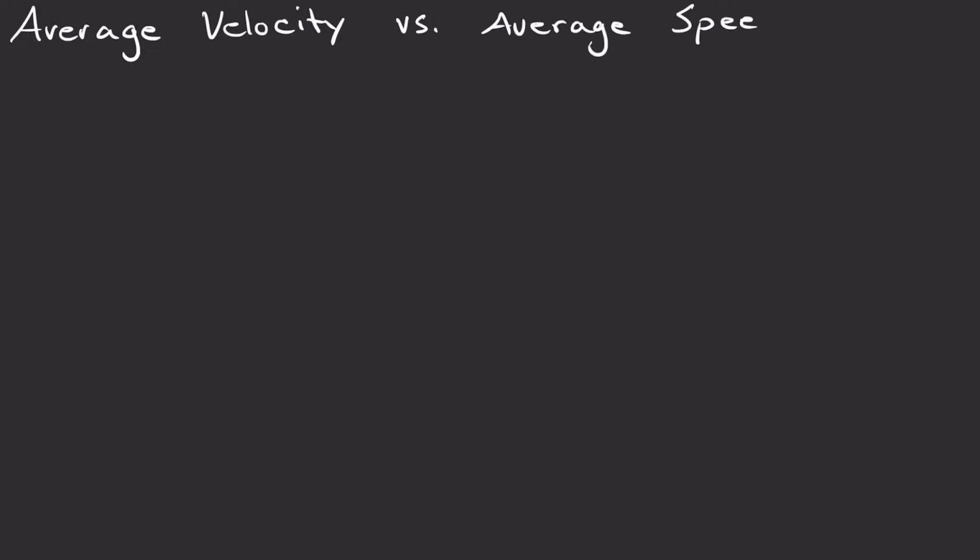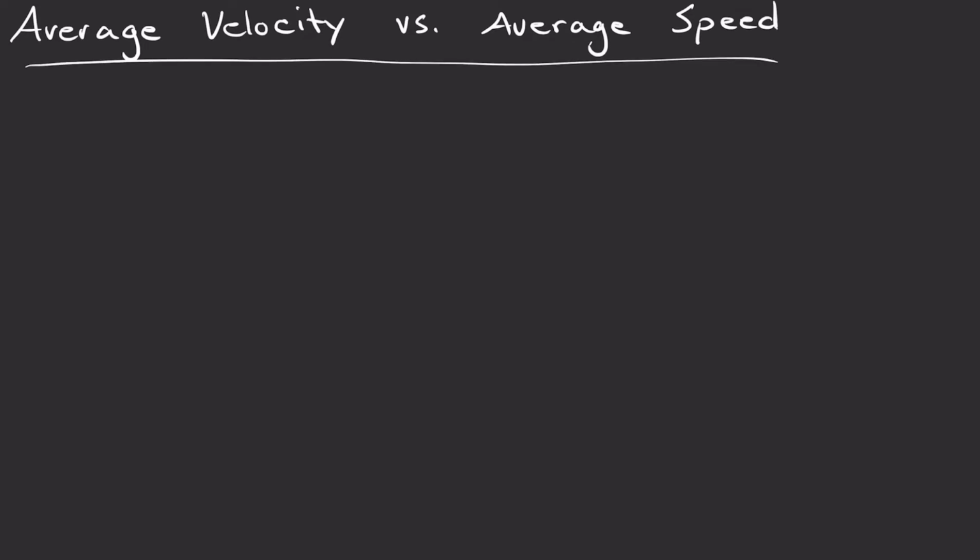Okay, so now let's talk about maybe how fast our position is changing. So let's look at average velocity, and we also want to look at average speed, because they're not quite the same things, in the same way that displacement and distance are not the same thing.